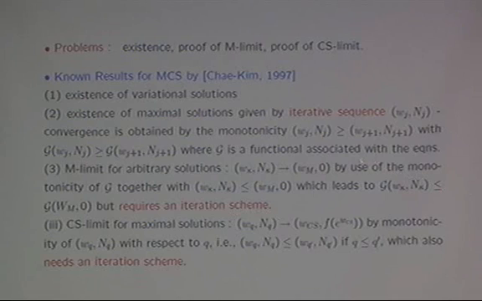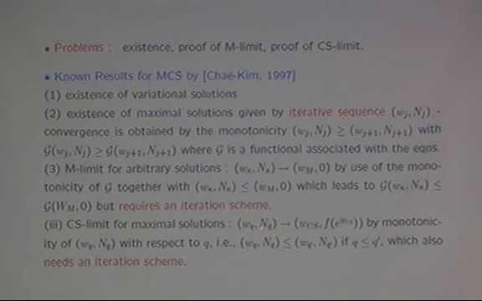Actually, this kind of monotonicity holds if the two functions have the pointwise monotonicity condition. So from this, we can just obtain this inequality. For the Chern-Simons limit, they only prove it for maximal solutions, not arbitrary solutions.